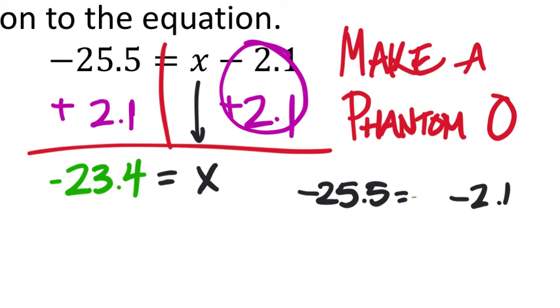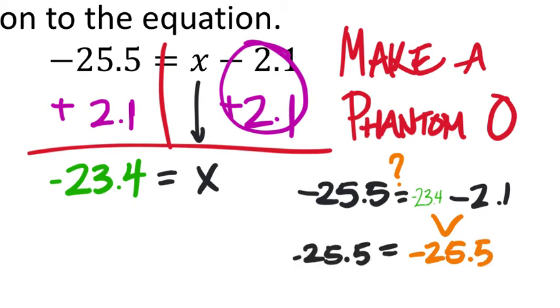So I'm just going to type this into the calculator, check for truthfulness. Negative 23.4 minus 2.1, enter. And what does it give me? Negative 25.5. Hey, that looks like it's true to me. Since that is true, I can go back to my solution and I'll just box it in.